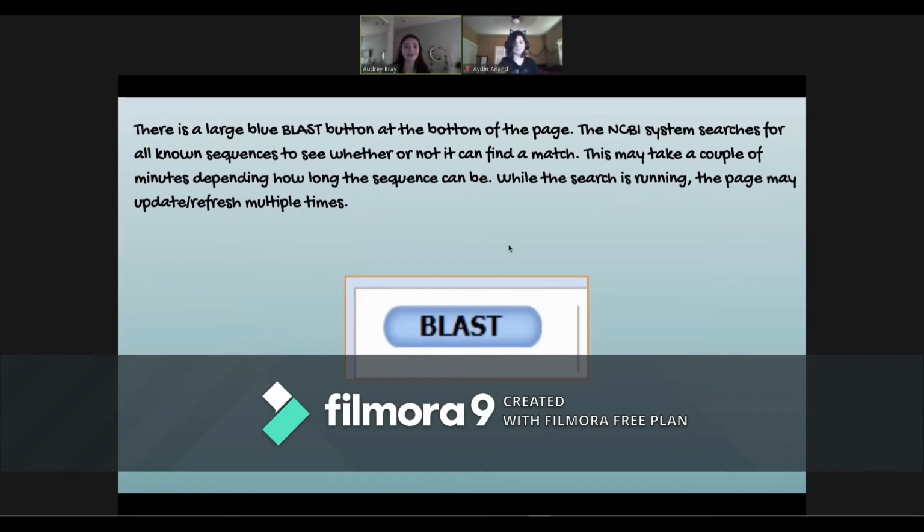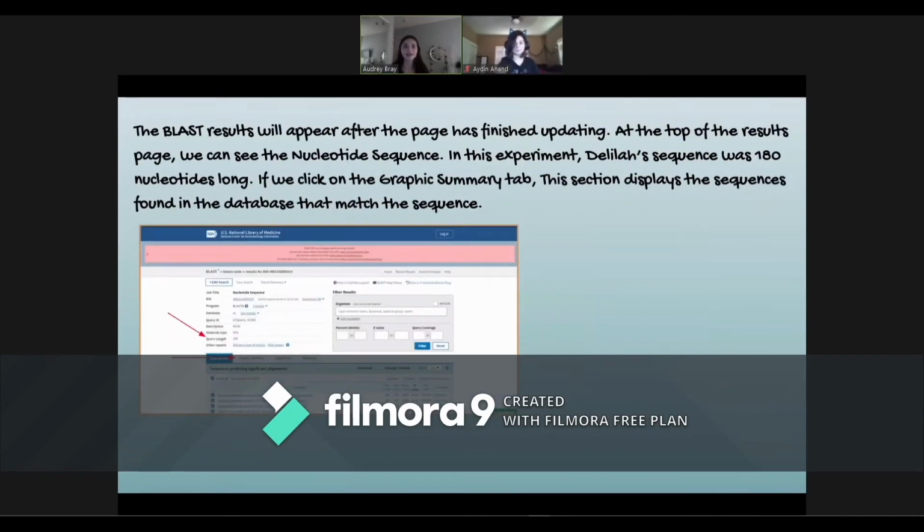After we click the BLAST button, it gives us a page that shows the results of Delilah's sequence. Delilah's sequence was 180 nucleotides long. At the top of the screen you can see the query length, and it says 180.